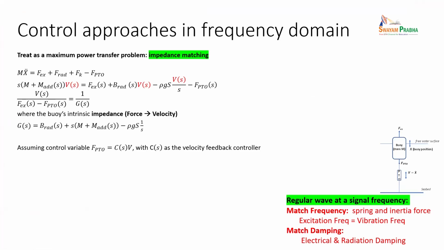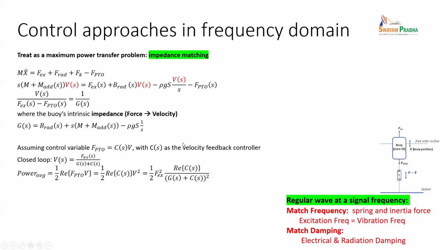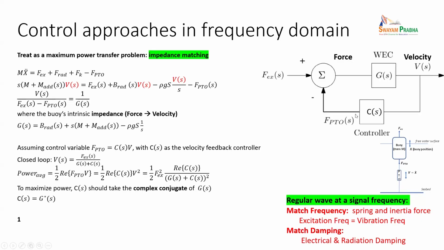Now if you want to do the control, you can measure the velocity, and you want to control the PTO force. So this is your measured velocity, and this is the controller you need to develop. You want to control the PTO force. Let me show the system this way.